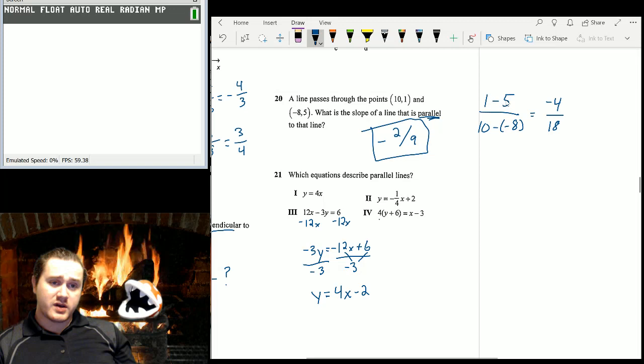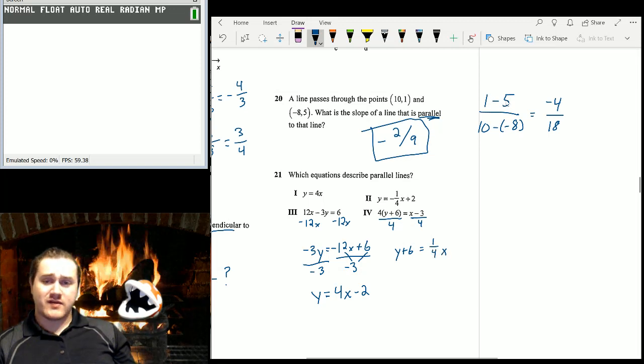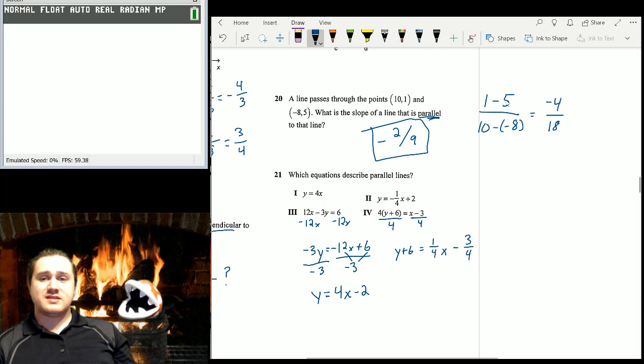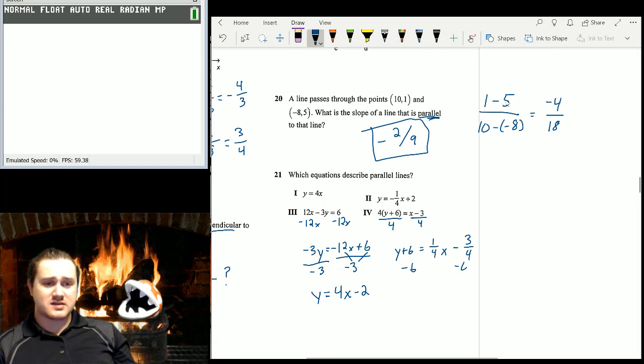But for this one, it's going to be divide by 4. So we end up getting y plus 6 equals, we'll just say 1/4 x instead of having x over 4. That way we have a better idea. Minus 3/4. But again, y is still not by itself, so I'm going to actually subtract 6.